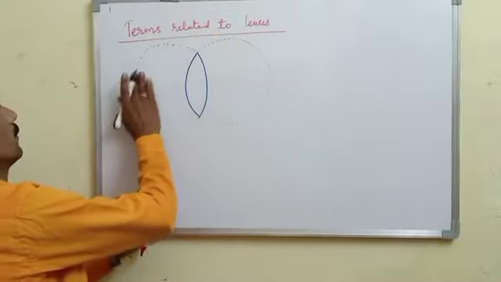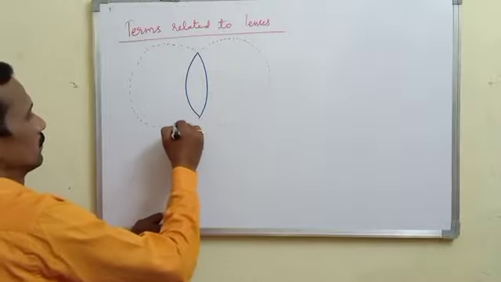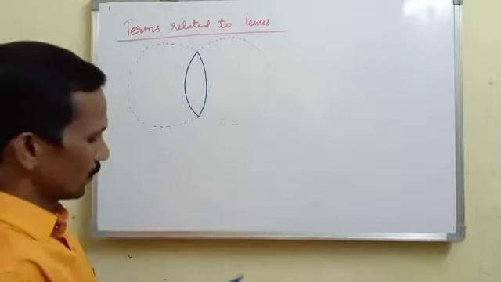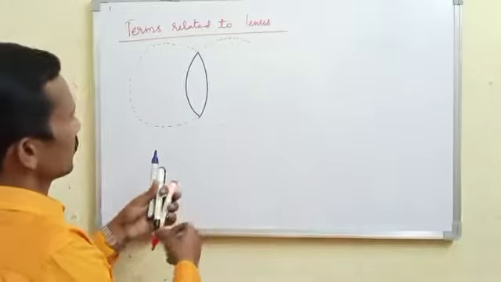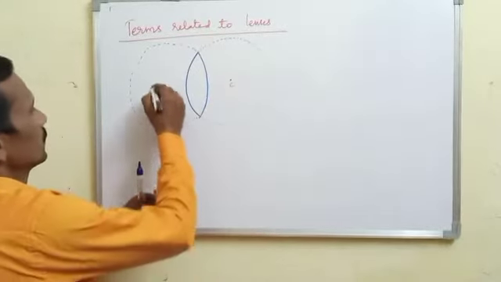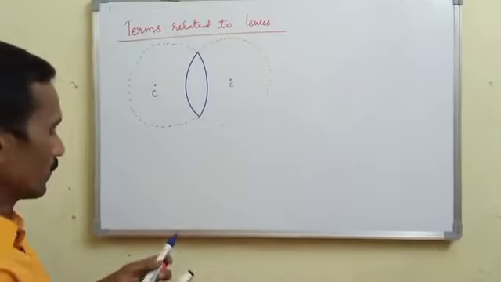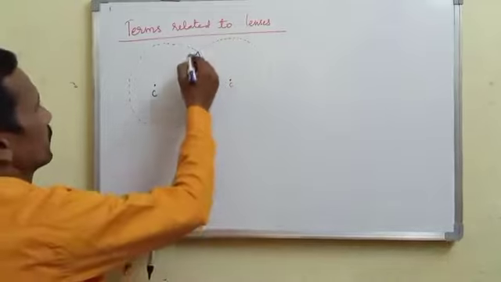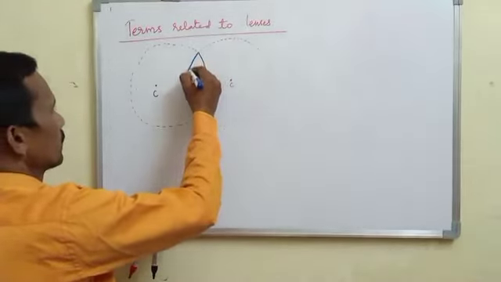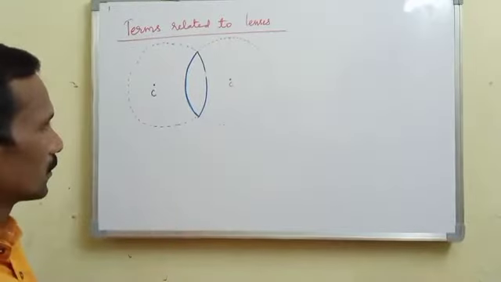It is a part of another sphere. So this sphere has its center. For the biconvex lens, it is the first part, the first curve, the bulge curve.